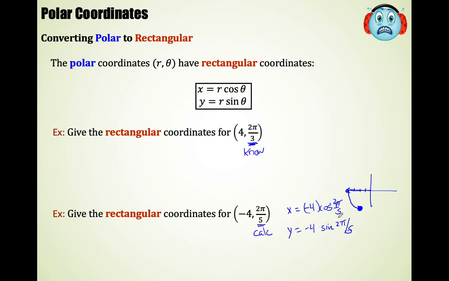So -4 cosine 2 pi divided by 5 is -1.23-ish, and -4 sine 2 pi over 5 is -3.8-ish. Cool?